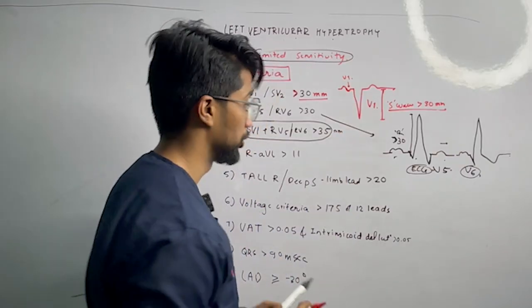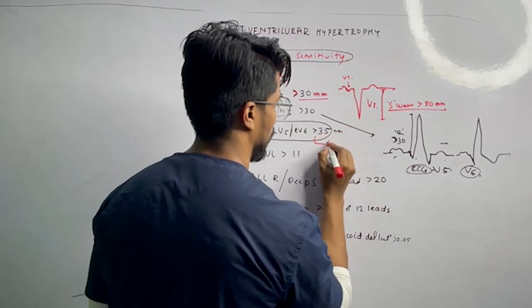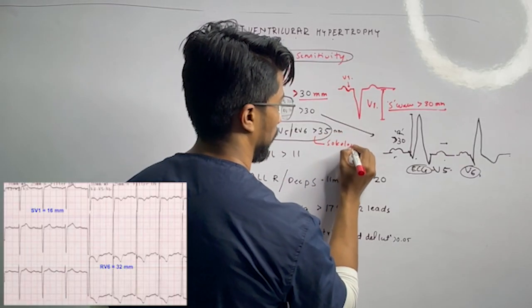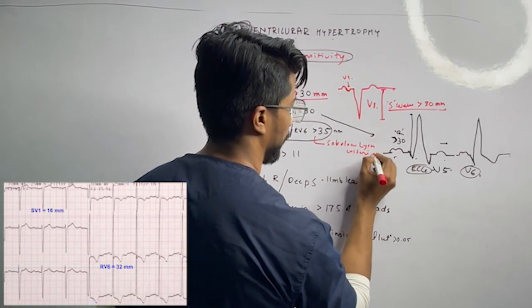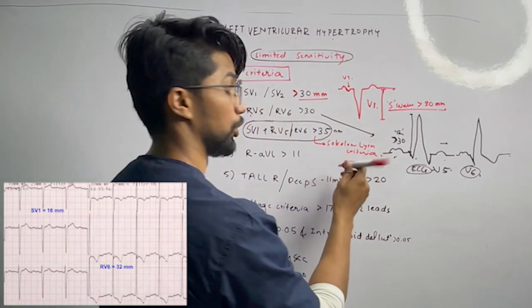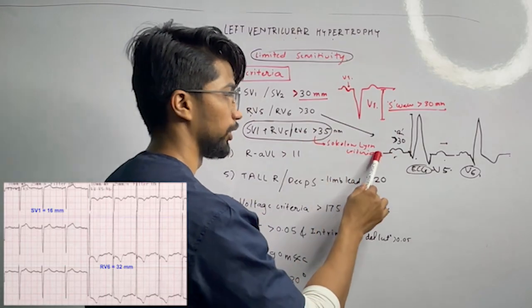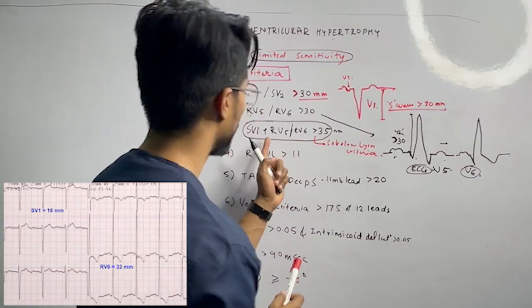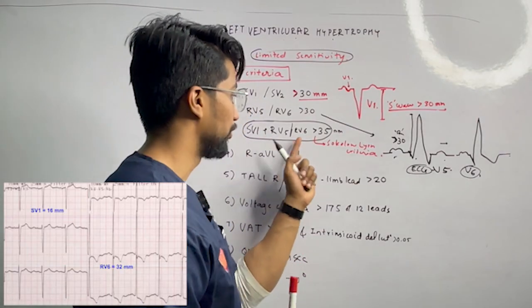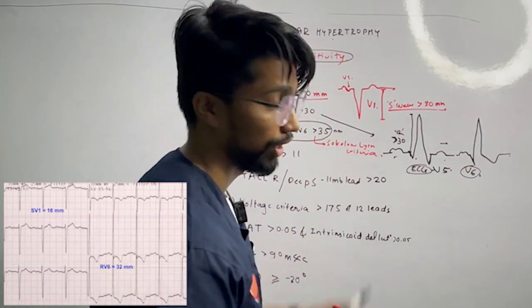And this is what is famously known as the Sokolow-Lyon criteria. This is one component of it, where we talk about SV1 plus RV5 or RV6 being more than 35 mm.